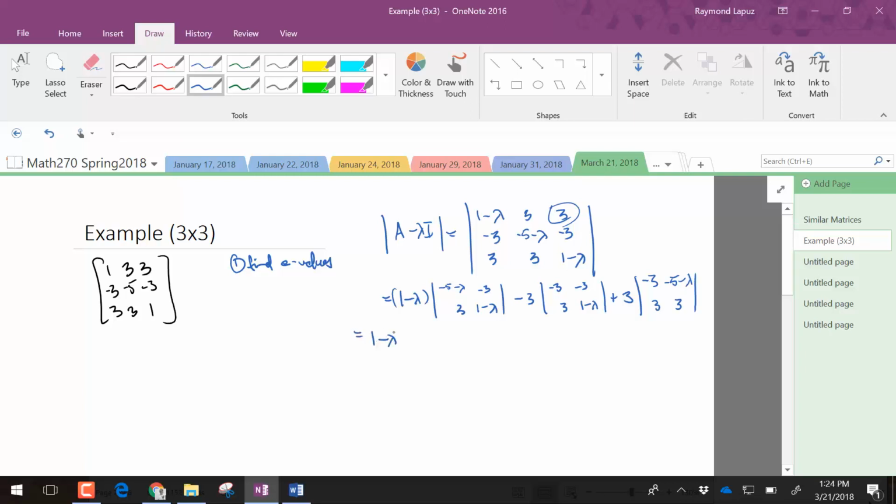So I got 1 minus lambda, and then I have a -5 minus lambda, 1 minus lambda, minus -3, call it a +9. And then I have a 3 times -3 times 1 minus lambda, minus -3 again, so that's another +9. Plus 3 times, this is a -9, minus 3 times -5 minus, oh, out of space.